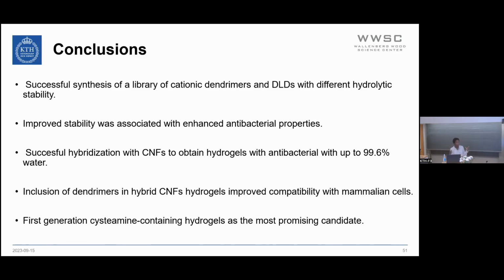We also saw that we actually could make a hydrogel with over 99% water that also had antibacterial properties, and in some cases, when we included these dendritic polymers in the CNF network, they were not as toxic. And again, if we have to pick a favorite, it would be the first generation sustaining dendrimer as well as the hydrogel as the most promising candidate.